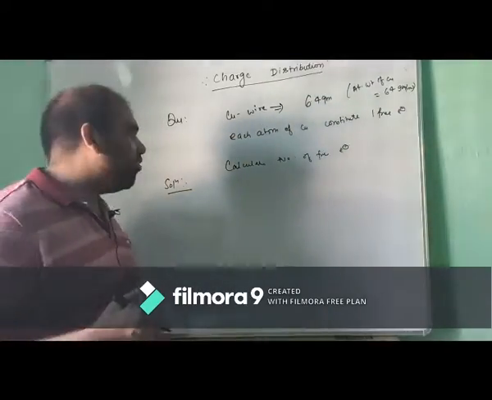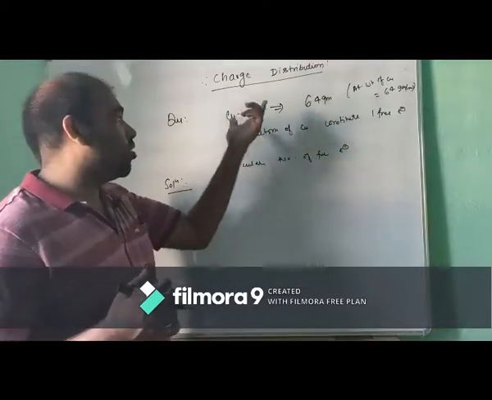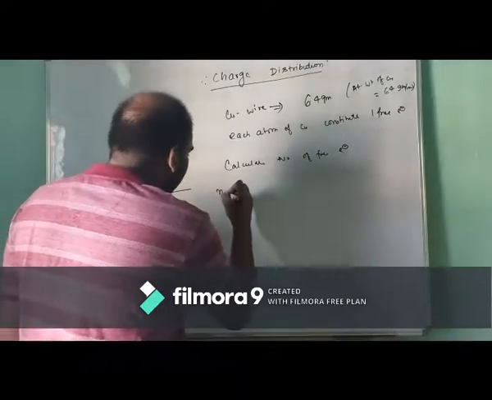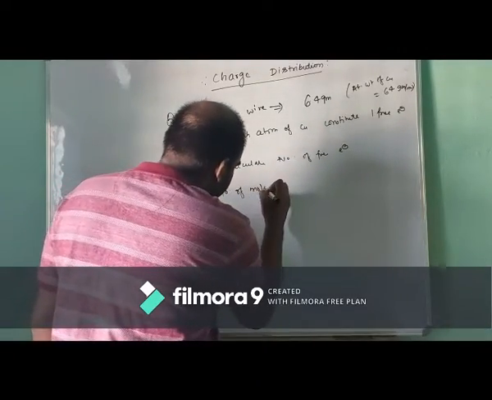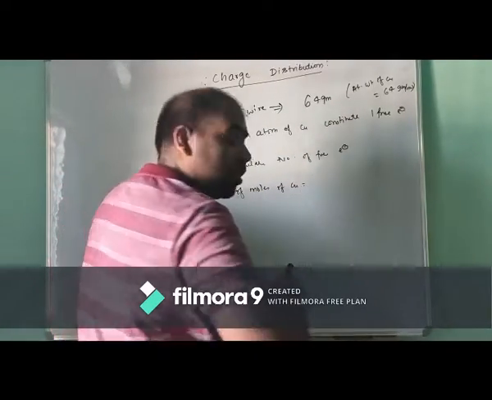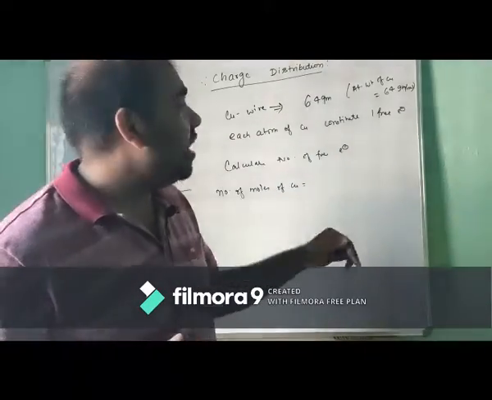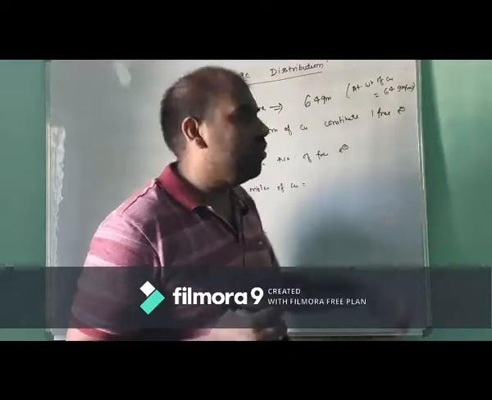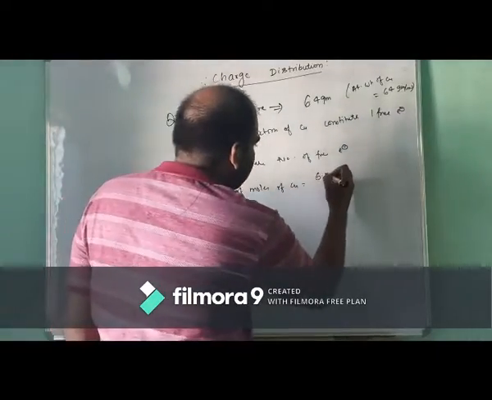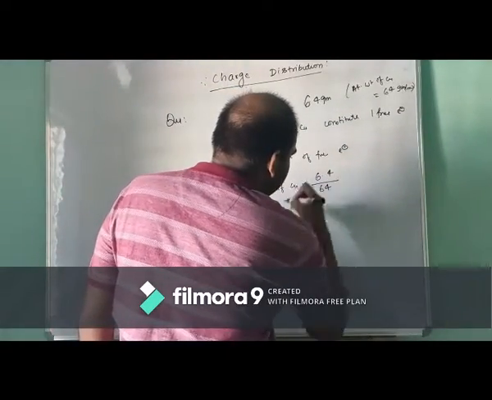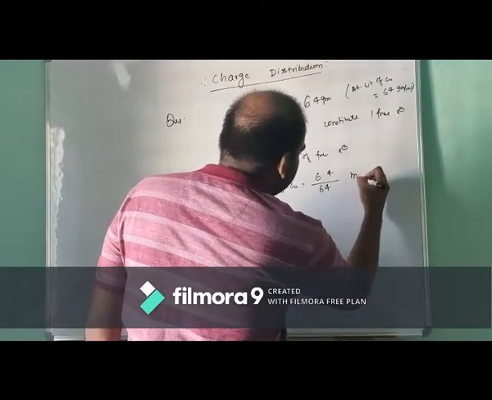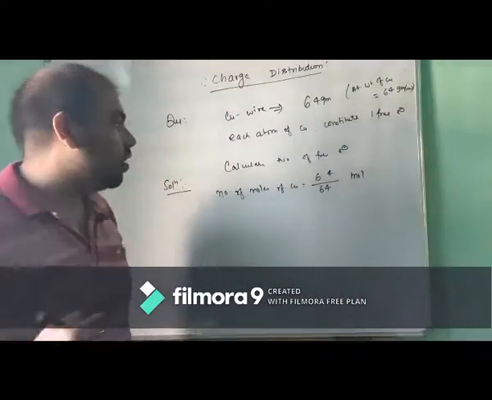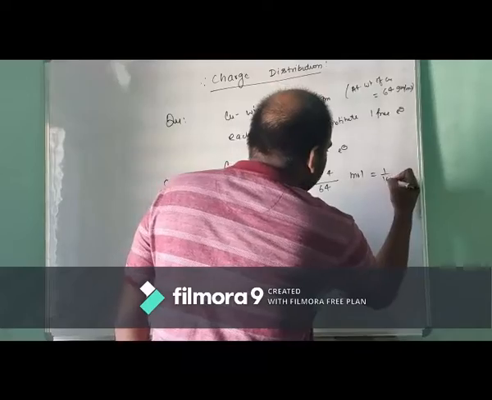Now we want to find the number of moles of copper. How will you find it? Weight upon molecular weight, and weight we have to keep in gram since the molecular weight is given in gram per mole. So I will write 6.4 divided by 64. This many moles you will get, which is 1/10 of a mole.